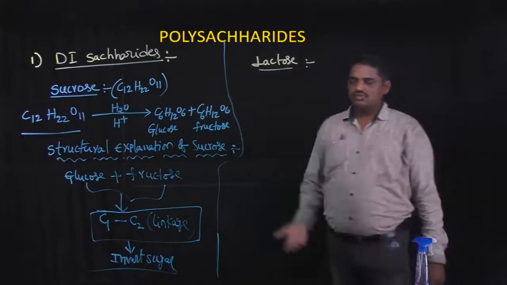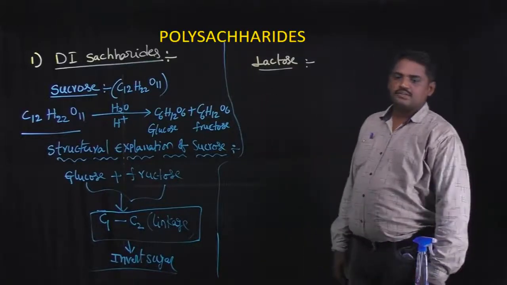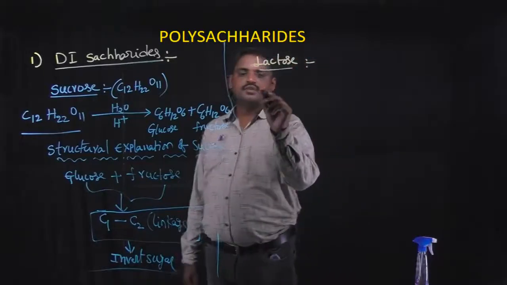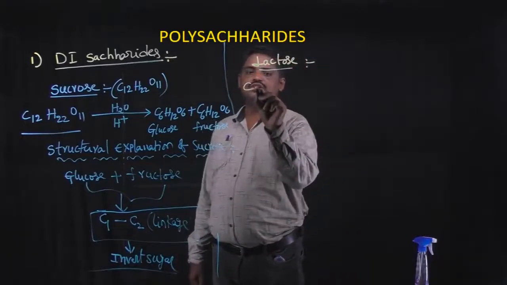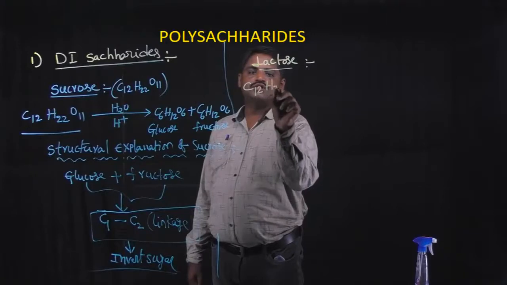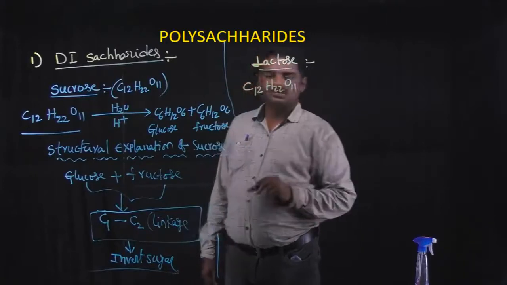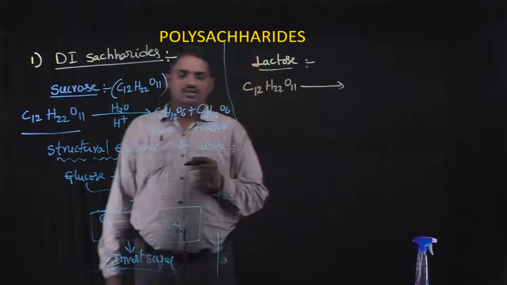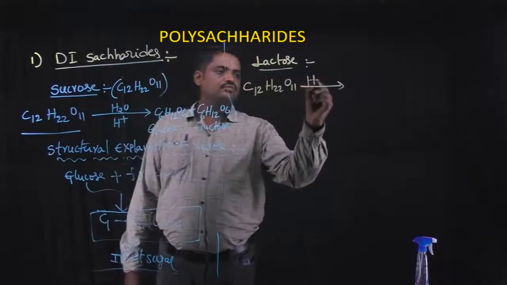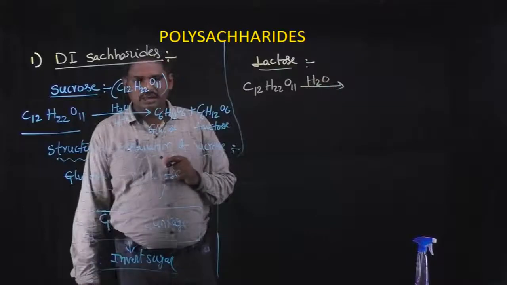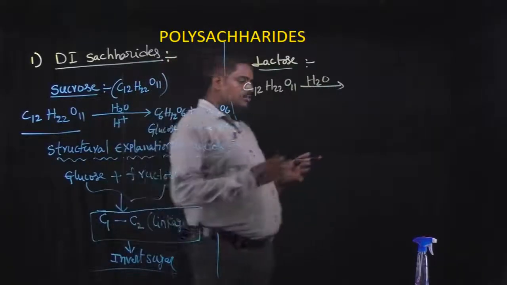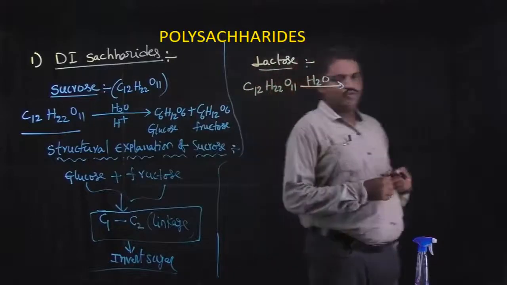It is similar to the sucrose formula. This lactose, C12H22O11, on hydrolysis produces two types of units.